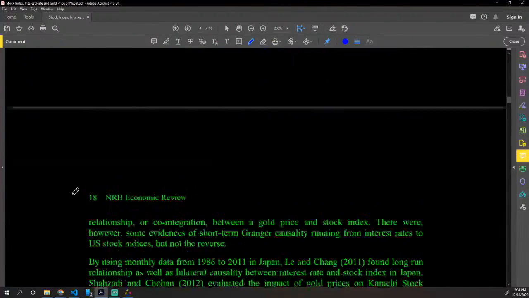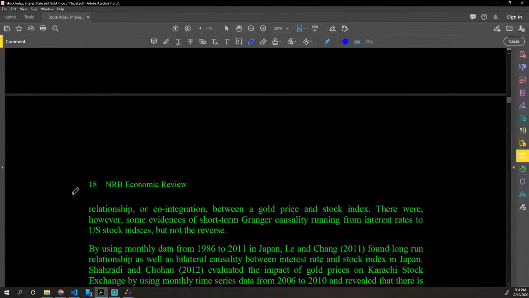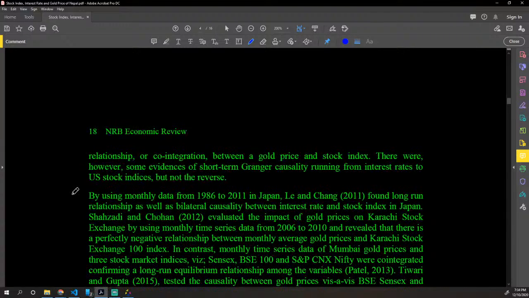He reported no long-term relationship or co-integration between gold price and stock index. There was, however, some evidence of short-term causality running from interest rate to US stock indices, right? But not the reverse. Important thing.